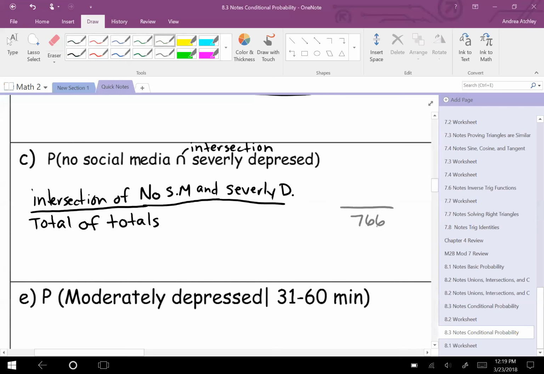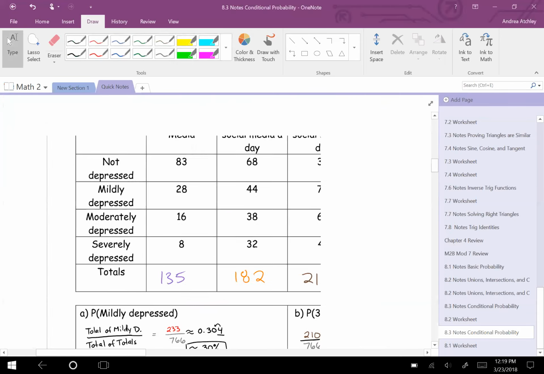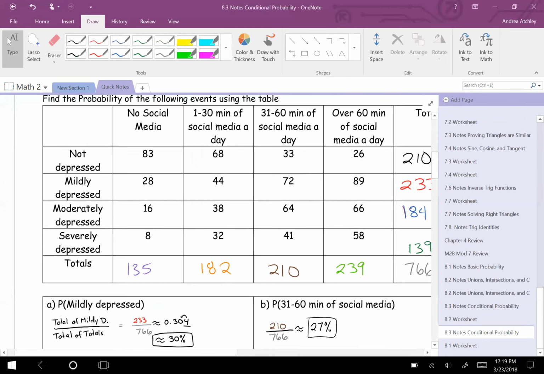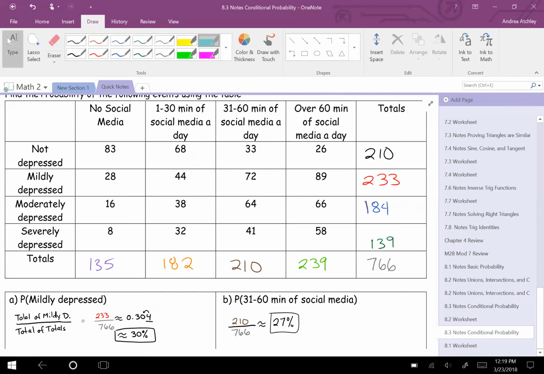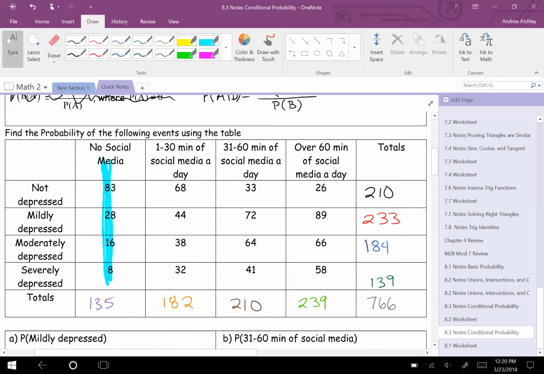Let's see the intersection. So we're going to go to no social media. So that's these people here. And then severely depressed people.